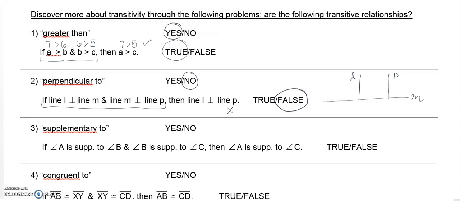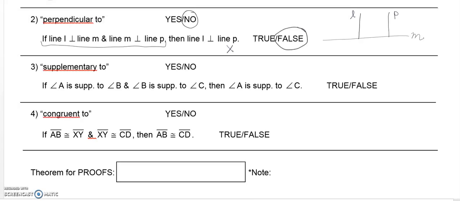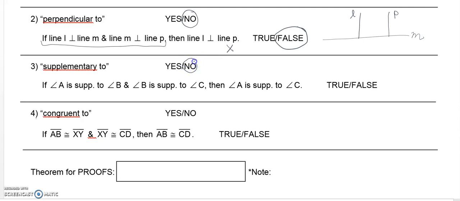Supplementary to is another example in which this is not a transitive relationship. And you guys will be able to see this really clearly based off of our theorems that we've talked about before. So here we're given if A is supplementary to B and B is supplementary to C. Hold on, right? We have seen this before. It's familiar.